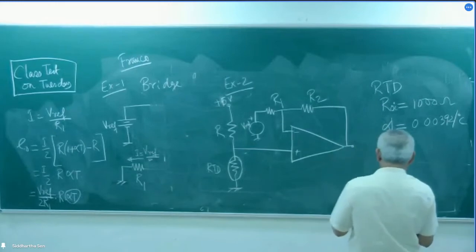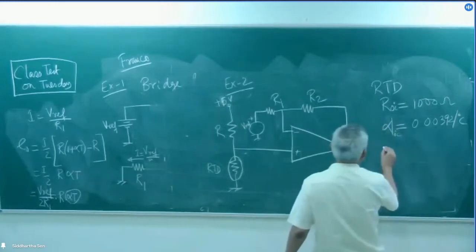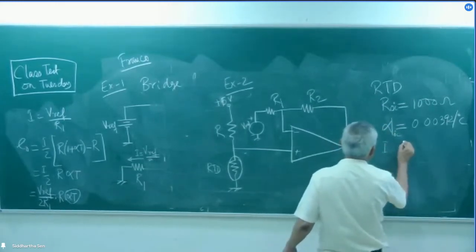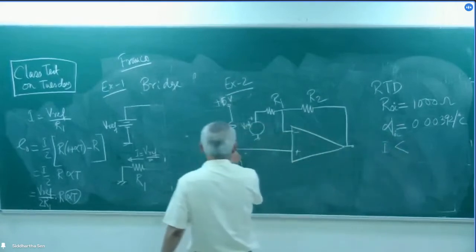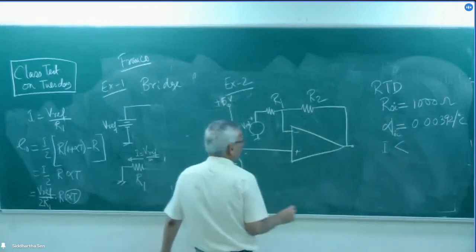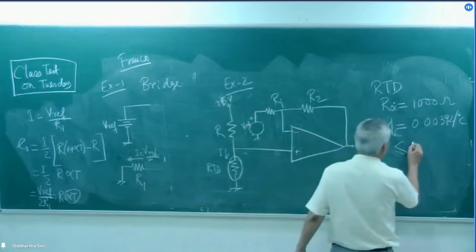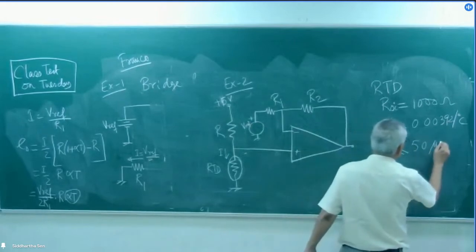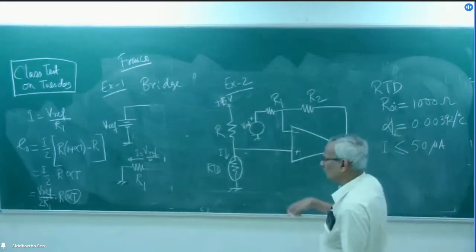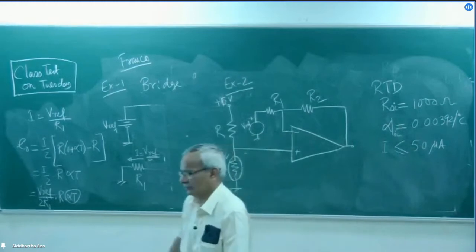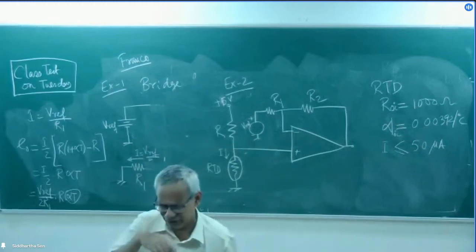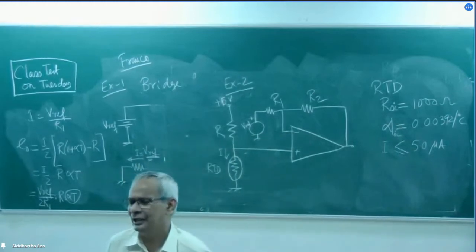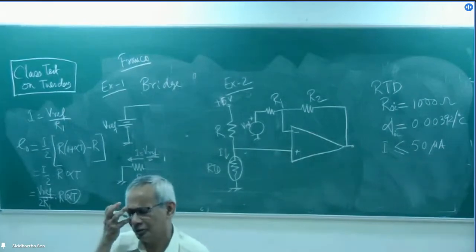And the current limitation is that this current I should be less than or equal to 50 microampere. Because if it is more, first of all, that will cause a self-heating error. Also, it may burn out.